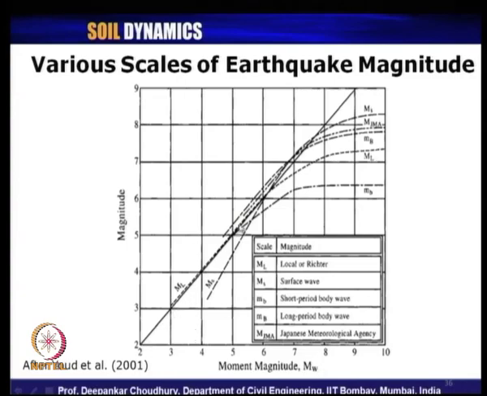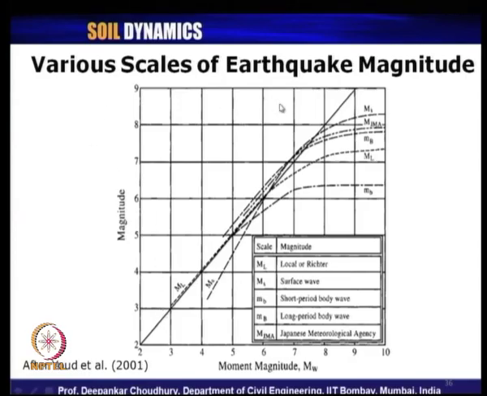This is the line of equality, this solid 45-degree line, you can see 2, 2, 3, 3, 4, 4 like that, and different scales. You can see this ML is local earthquake magnitude, which we commonly know as the Richter scale of earthquake magnitude.